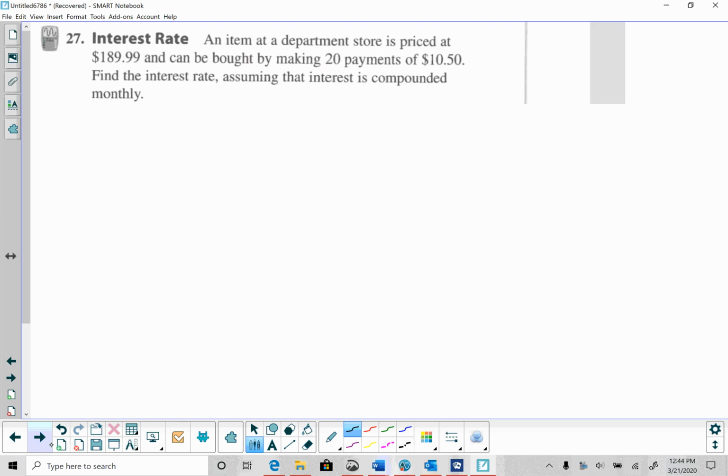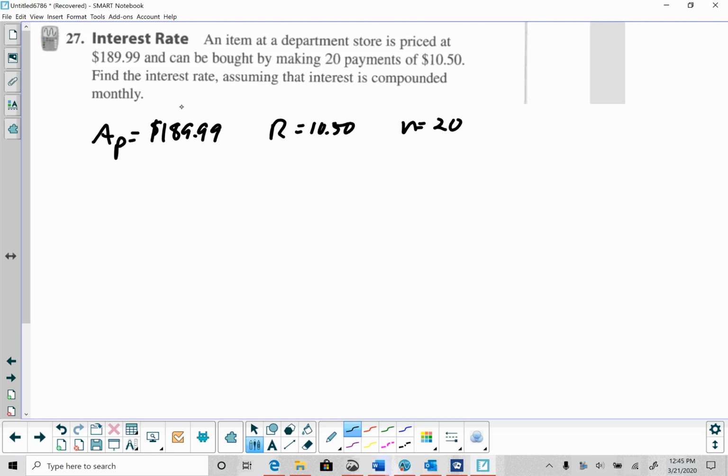And then we're going to do almost the same type of thing here with number 27. So the amount that it's presently worth is $189.99. Our regular payments here, $10.50. And the number of payments was given to us as 20. Now again, we're going to do the same thing here.